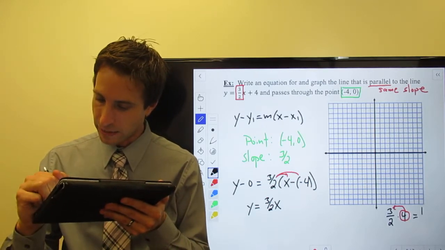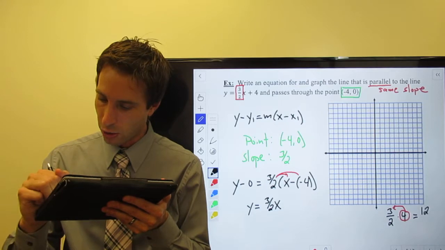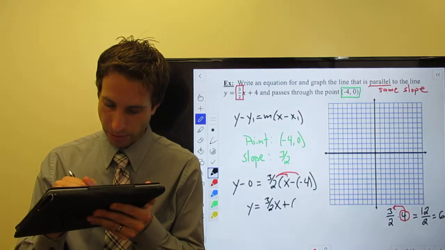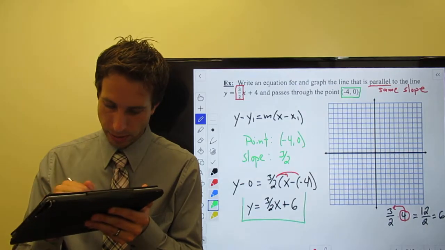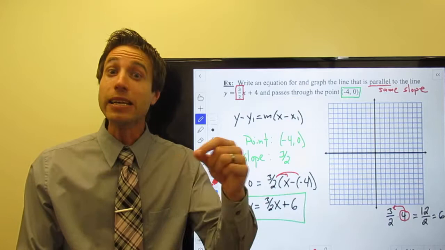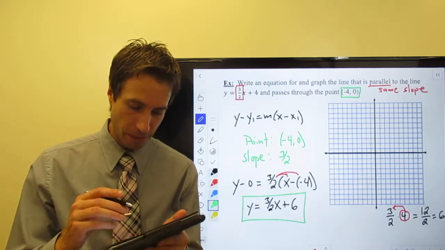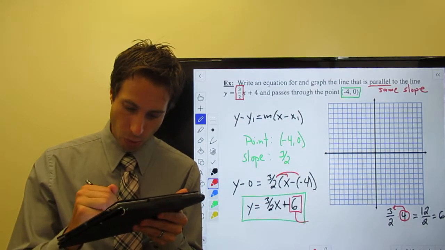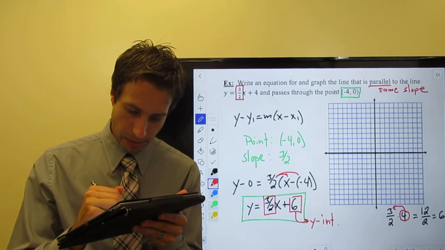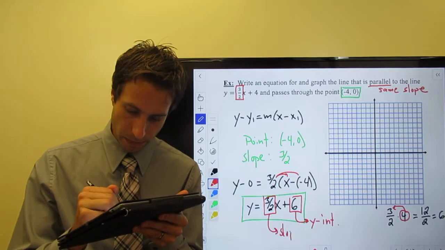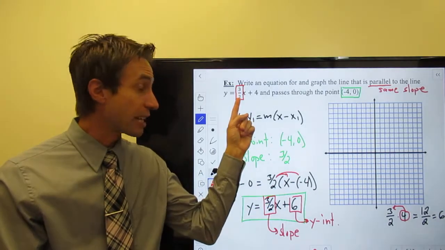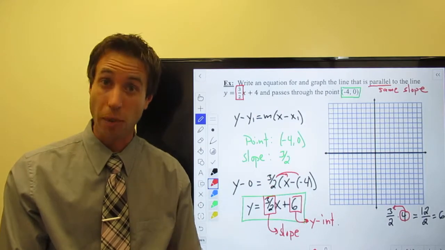So that is going to give you 4 times 3 is 12 over 2, and 12 over 2 is 6. So I wind up with plus 6. Just like that, I've got my line in slope-intercept form. This is my y-intercept. This is my slope. Please notice 3/2, 3/2. These lines are parallel.